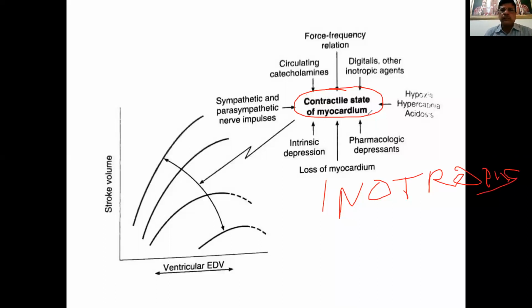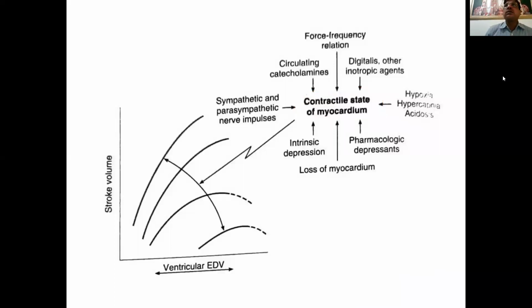Can anybody tell me what you understand? What are your concepts about inotropic state or myocardial contractility? Anjum has started. Tell me, Anjum.